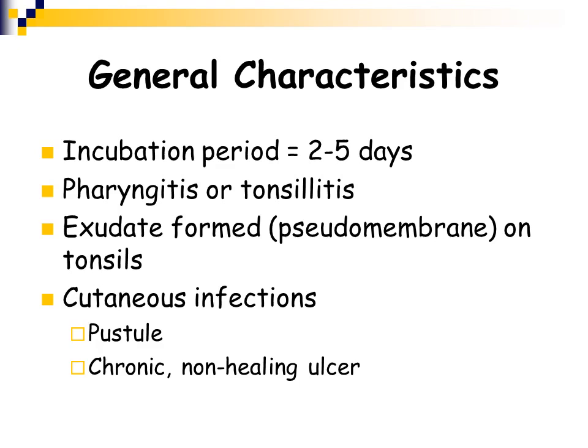The symptoms include pharyngitis or tonsillitis, and the key characteristic about the organism and the disease that it causes, which is diphtheria, is that it forms what's called a pseudomembrane at the back of the throat in the tonsil area. Corynebacterium diphtheriae can also cause a cutaneous or skin infection, such as pustules and a chronic non-healing ulcer.